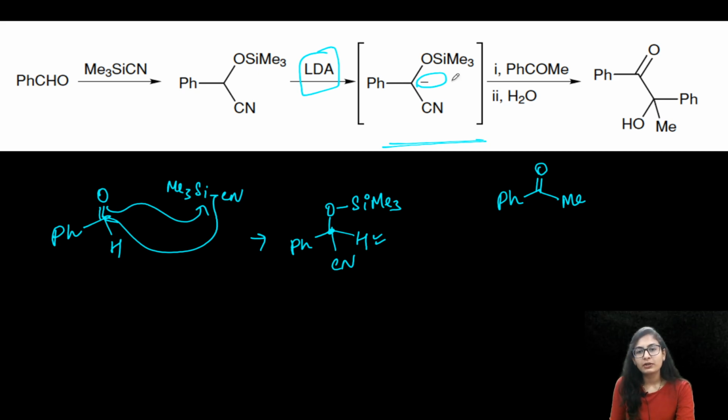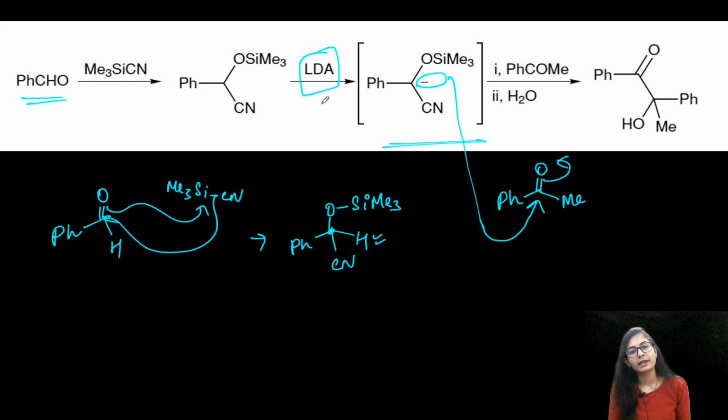Okay, which now gives you the attack onto this carbonyl carbon, and again if you see, it is a directed process. Yes, so first of all you are taking the aldehyde and making the nucleophile, you are directing it to attack on the second carbonyl molecule, and that gives you the answer like this, and this is the aqueous workup in the final step.